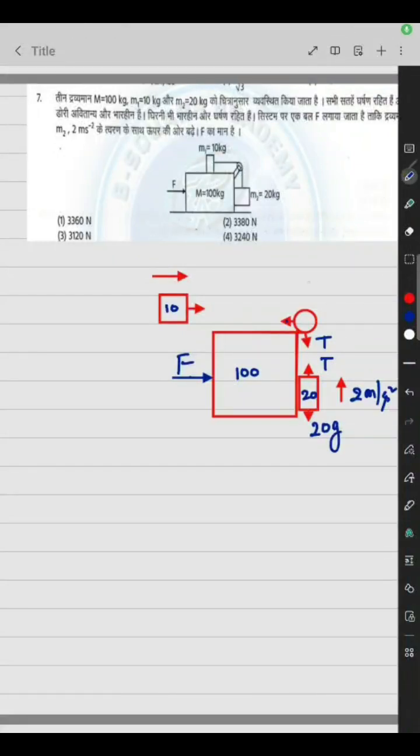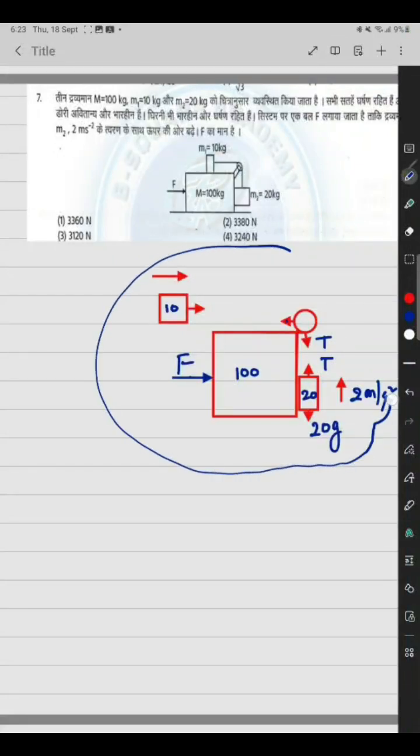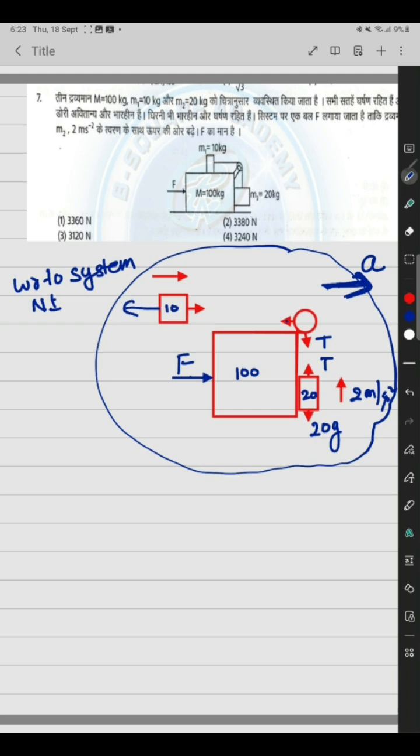With respect to the system, we know the system is moving in this direction with acceleration a. Then the pseudo force on this, with respect to the system, not the earth, and the system is a non-inertial frame. Suppose the acceleration of the system is a, then what is the pseudo force on this one?